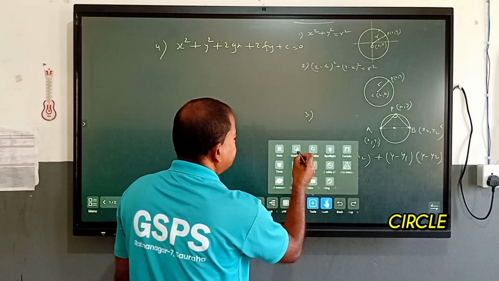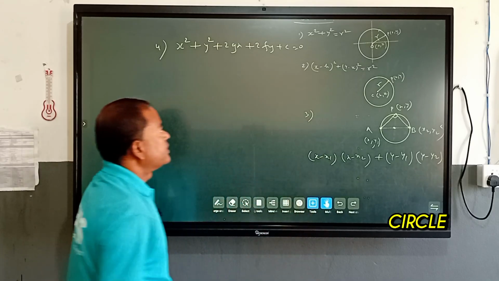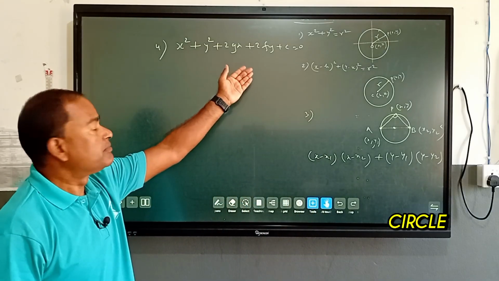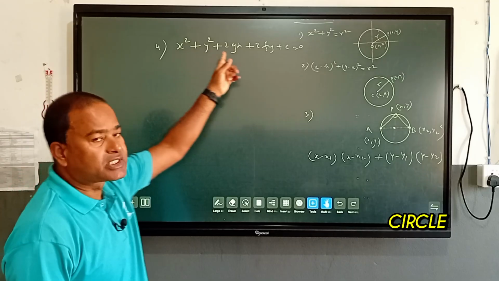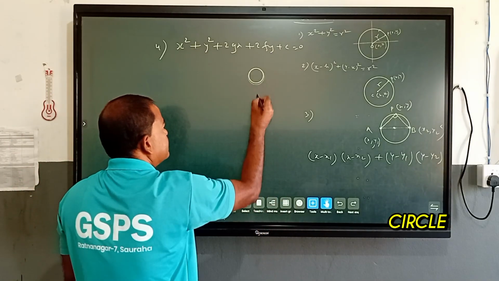Dear students, the equation of circle in the general form is given by the formula x square plus y square plus 2gx plus 2fy plus c is equal to 0.